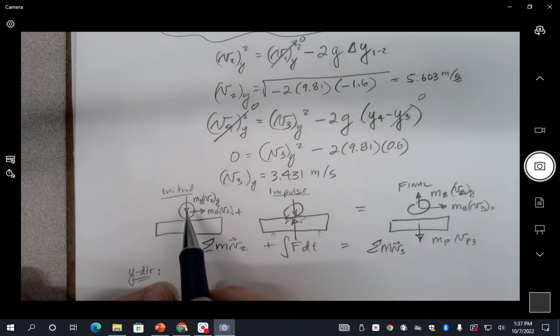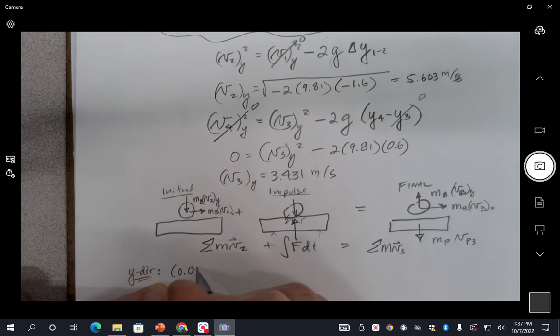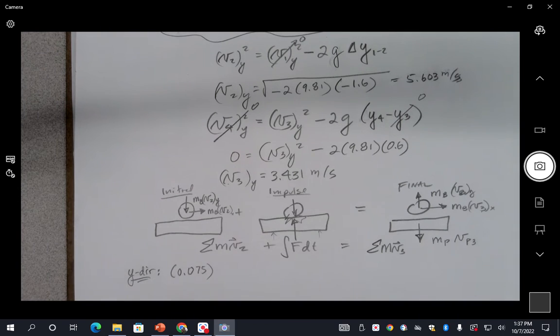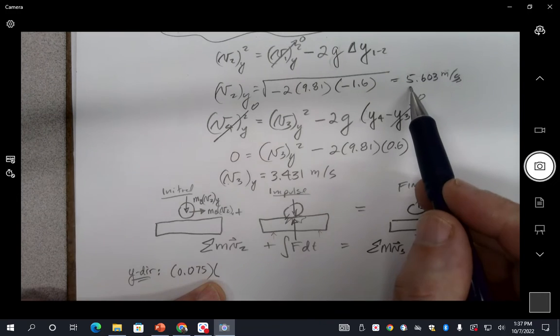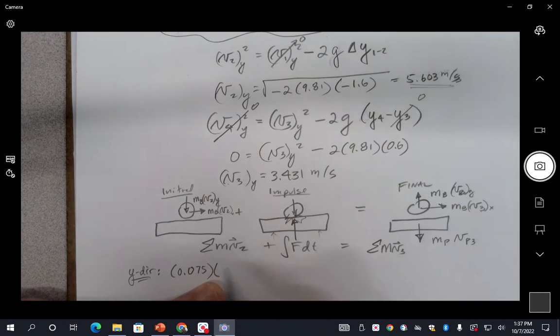So we have the marble is 75 grams, so it's 0.075. And I went with its velocity we got up above, negative 5.603.